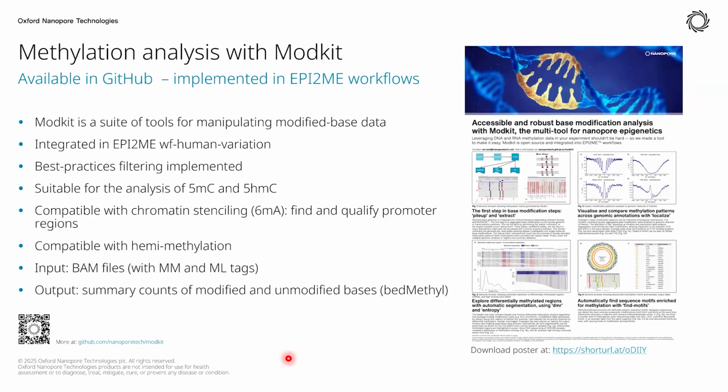But ModKit can do a number of features. The first feature that it had was to output a bedMethyl file. That basically gives you counts of modified and unmodified bases at different positions in your genome.